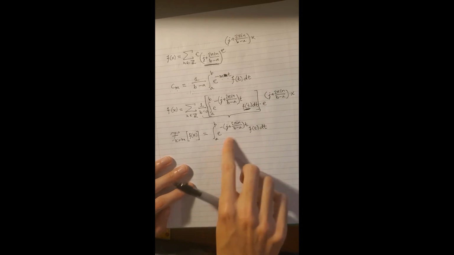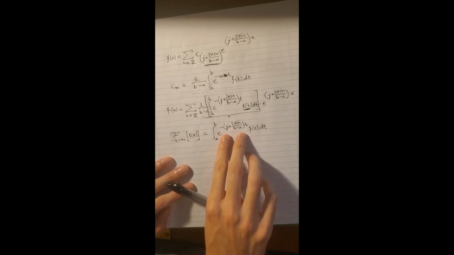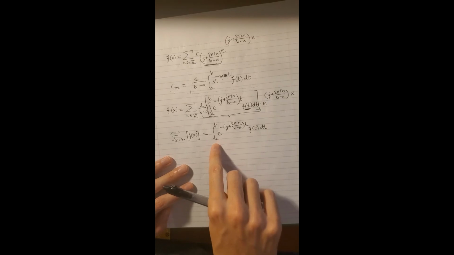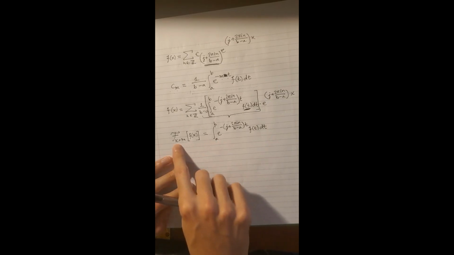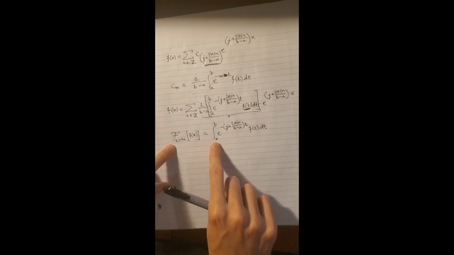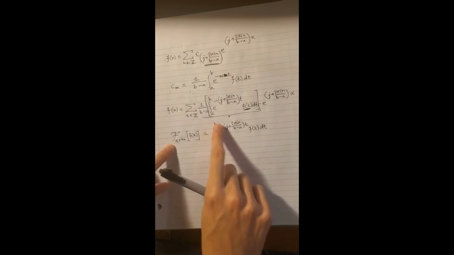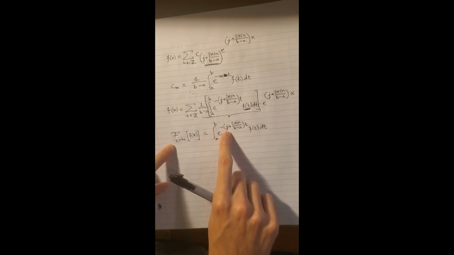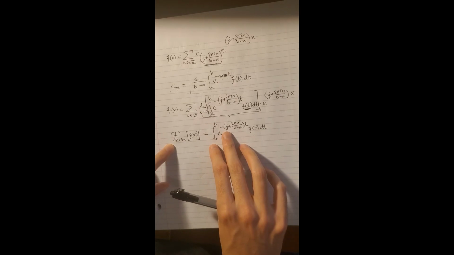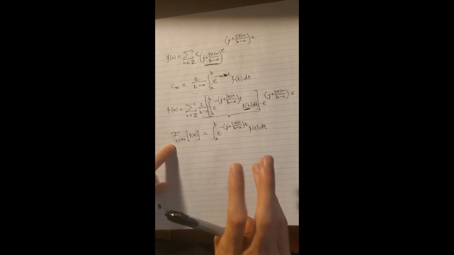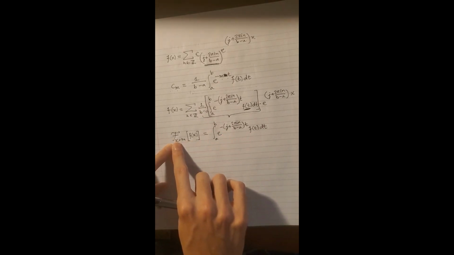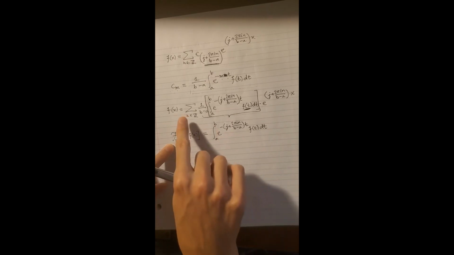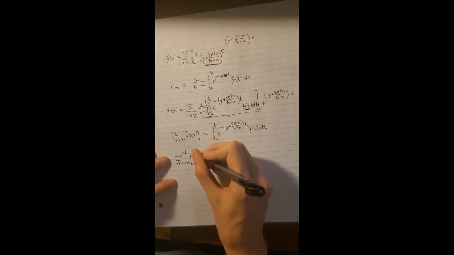I'm multiplying by this exponential function, and then I'm integrating over a certain range. So this operator is indexed by a, b, and j. So there are 3 variables that are free. So this isn't the Fourier transform, it's a Fourier transform. And its inverse is given by this.